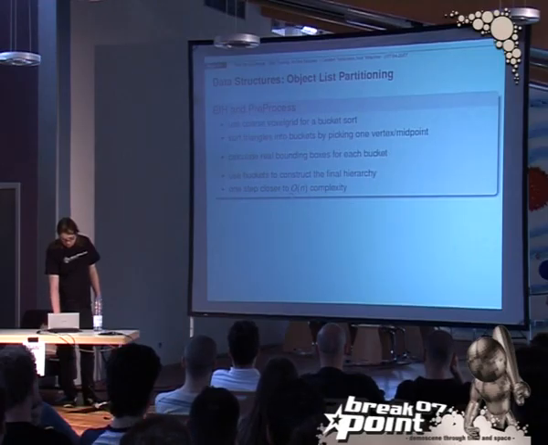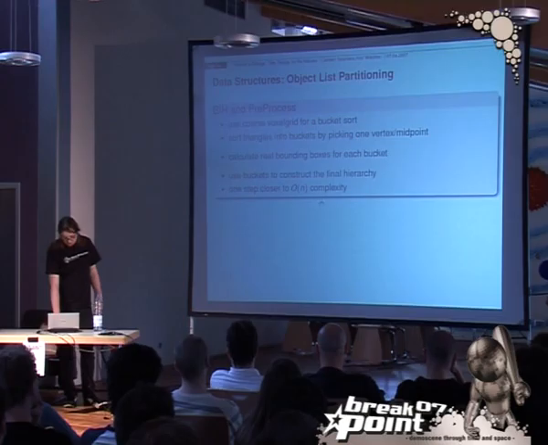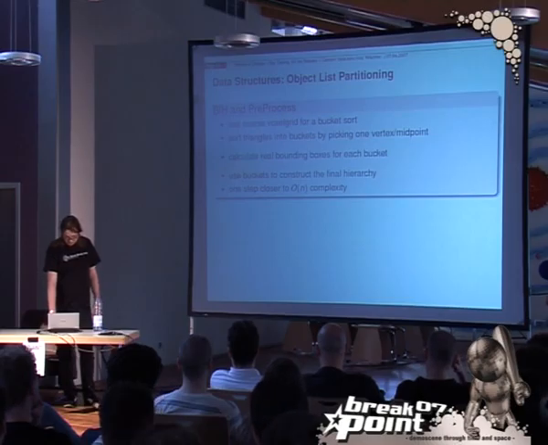But you're one step closer to O(n) complexity. In reality, it's just a factor of 2 to 3 you will gain. But for such a simple algorithm and a really simple implementation, I would say it's considerable to include this.